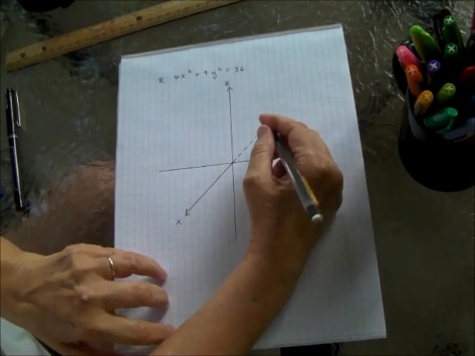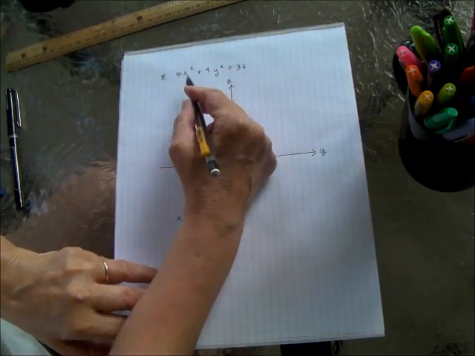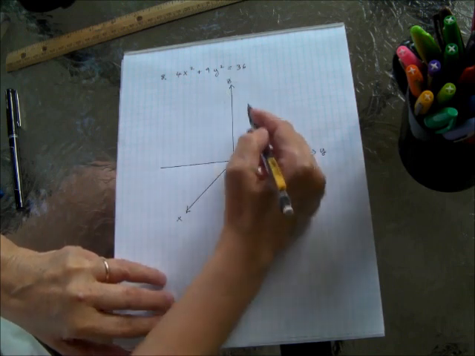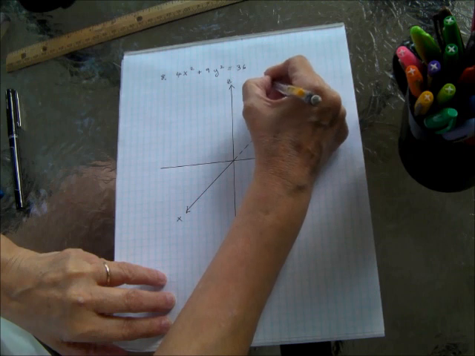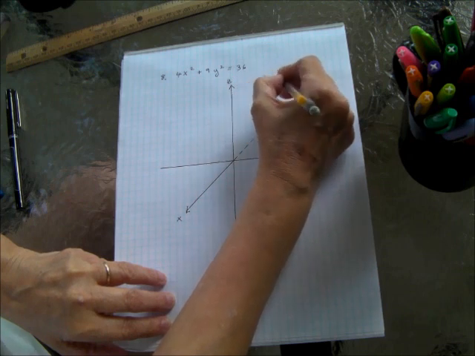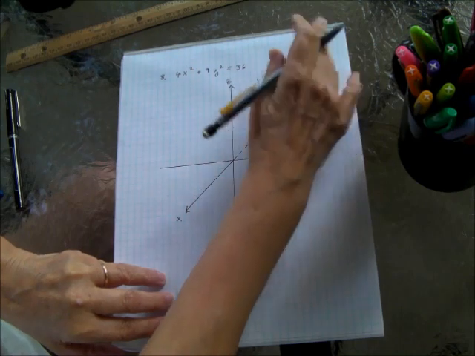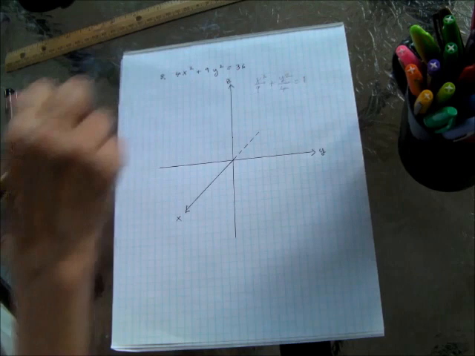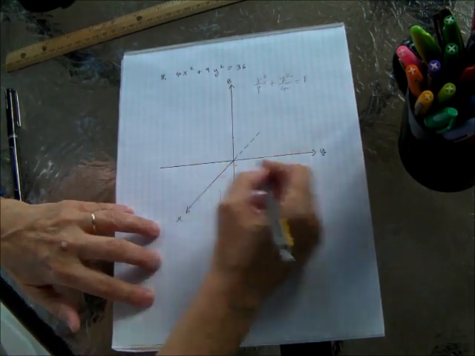Okay, this is number 8, and we're starting again with a curve that we can draw in the xy plane when z is 0, but then z is going to be able to be anything up and down. So I'm going to rewrite this in a way we'll recognize it by dividing by 36. So we recognize that as an ellipse, so I'm going to draw that ellipse in this plane.